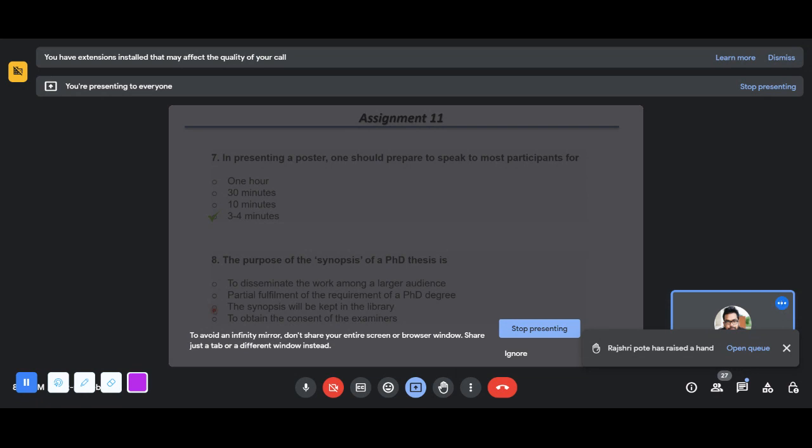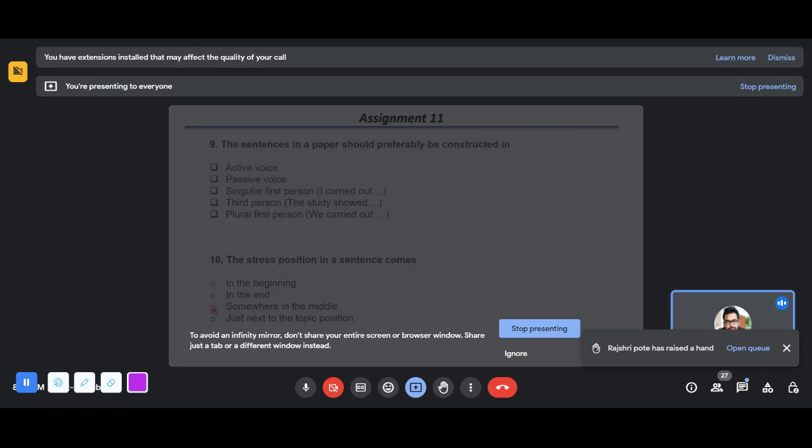So your aim should be to get the consent of the examiners, to understand whether the work you have done is enough to get a degree. So that is the main criterion of writing a synopsis of your PhD thesis: to obtain the consent of the examiners, basically to pass the examiners and to submit your thesis for publication.